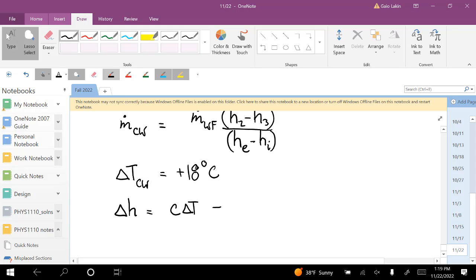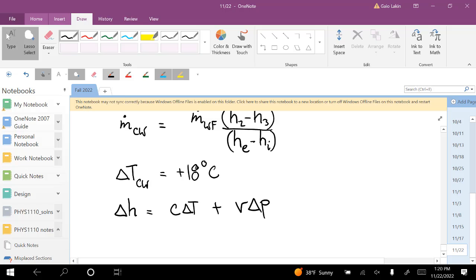So that's the specific volume times the change in pressure, then plus the pressure times the change in volume. Well, this is water, so there's not going to be any change in volume.